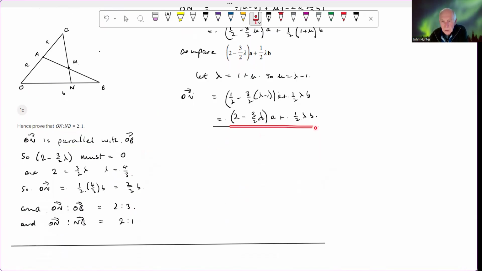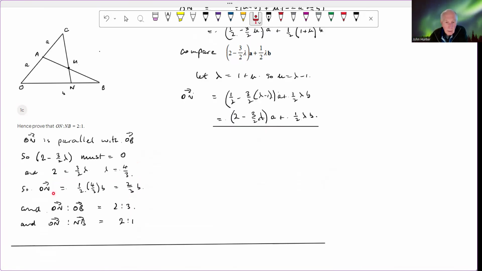Now we're looking at this expression here, so this can only mean that the A component of this must be 0. And for it to be 0, this must be 0, which means, following this calculation through, that lambda has got to be 4 over 3.